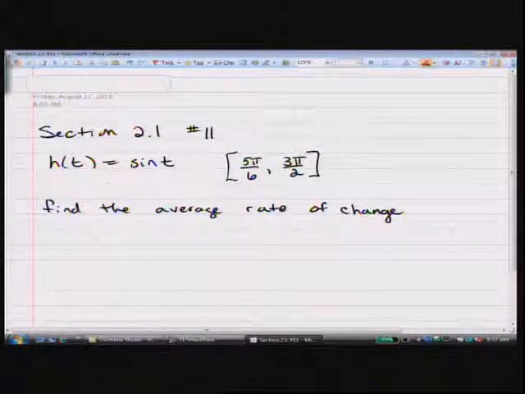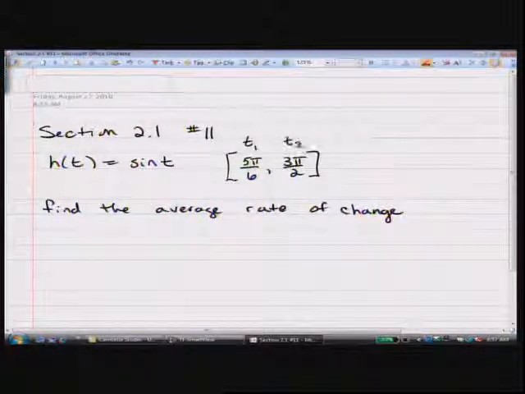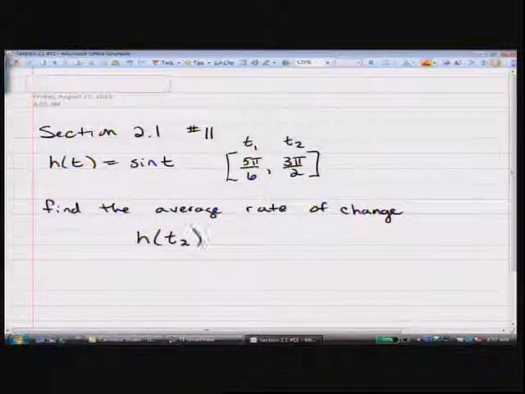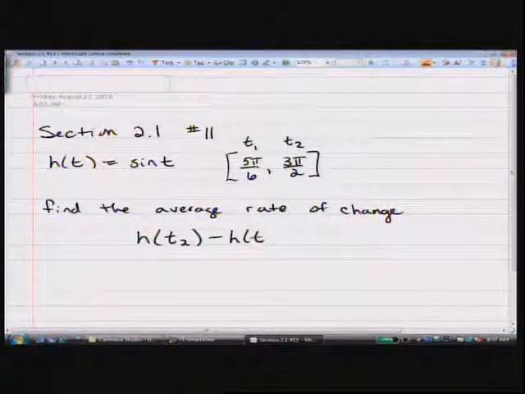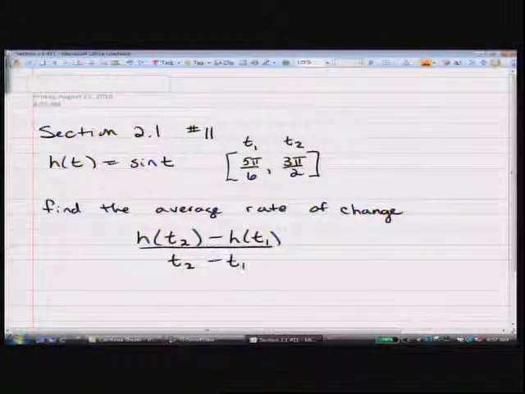So you would need to do, like if this is your T1 and this is your T2, your average rate of change in terms of H's and T's would be H of T2 minus H of T1 over T2 minus T1.